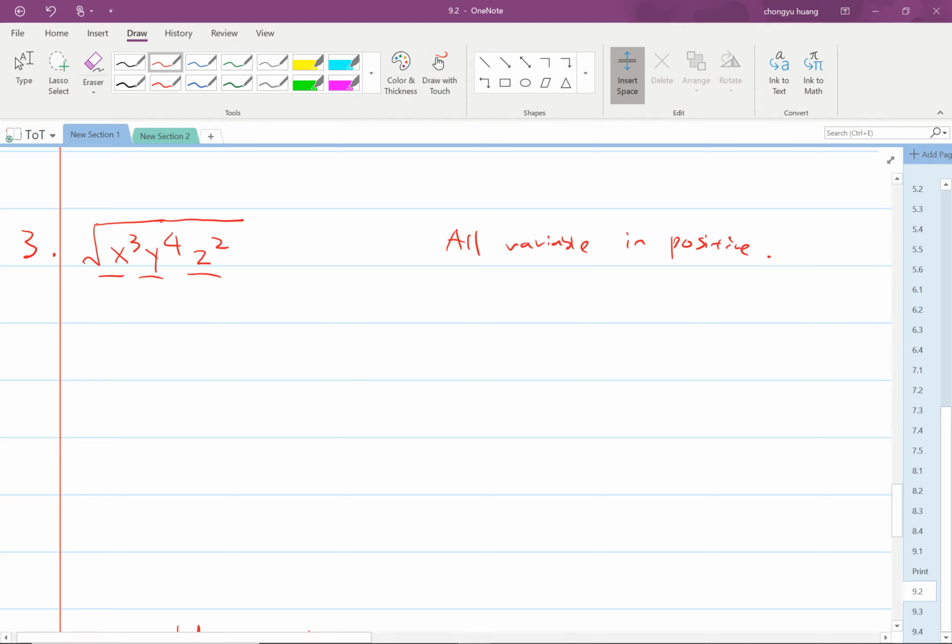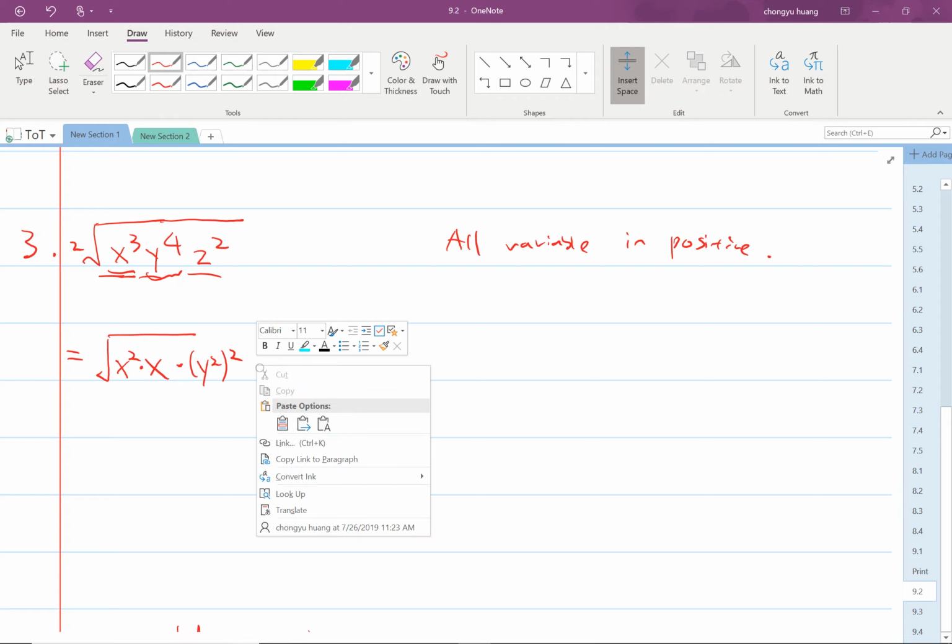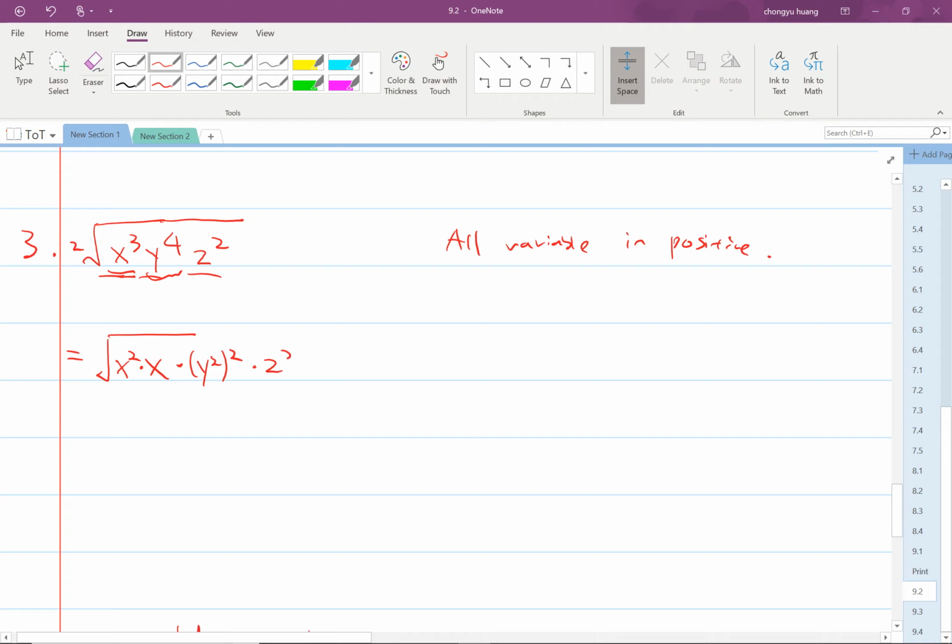Over here you can see we have the square root of x to the power 3, y to the power 4, z to the power 2, right? So x to the power 3 can be written as x squared multiplied by x, and y to the power 4 can be written as y to the power 2, to the power 2, and then z squared is just simply z squared.